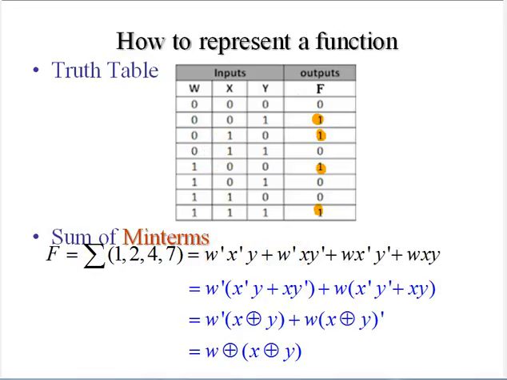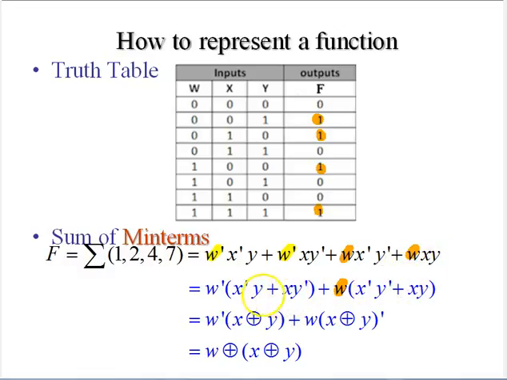For example, we can pull out w prime from these two terms, and we get w prime times x prime y or x y prime, and we can pull out w from these two terms, and we get w times x prime y prime or x y. So we've used the distribution theorem.